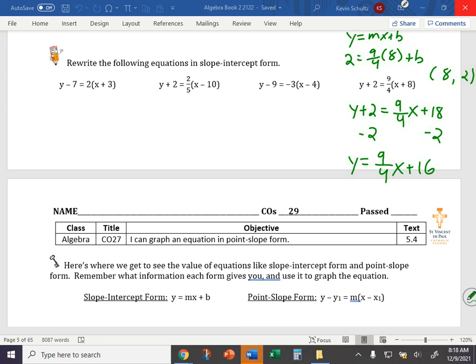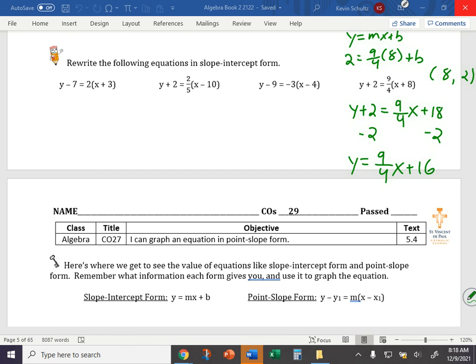Is that the right ordered pair? No. Kylie: Because when you distribute the 9/4 to the x and the 8, you have to simplify that to 18. Okay, which we did here, right? But 8, 2 isn't actually the ordered pair that this equation tells us is on the line.